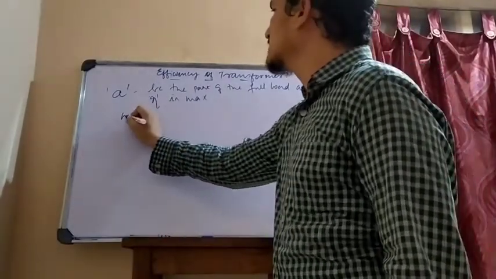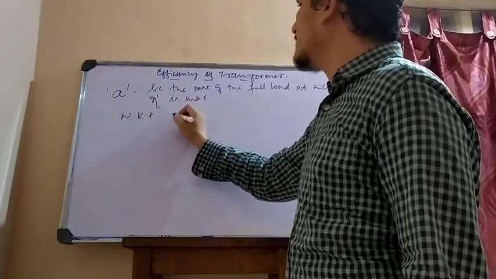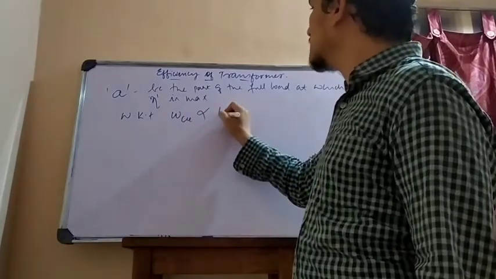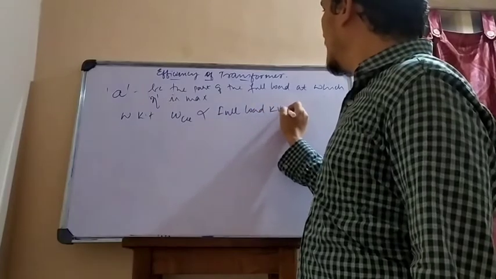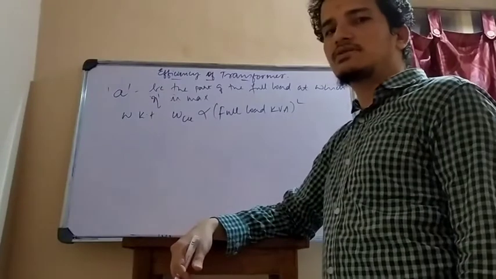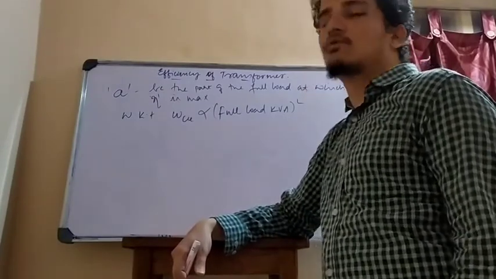So we know that copper loss at full load is directly proportional to full load kVA whole square. I have mentioned many times the copper loss is directly proportional to the square of the load.